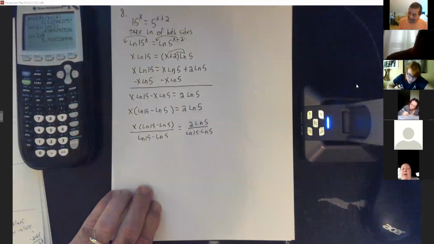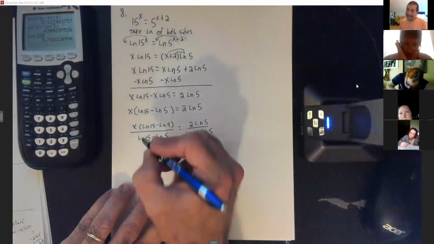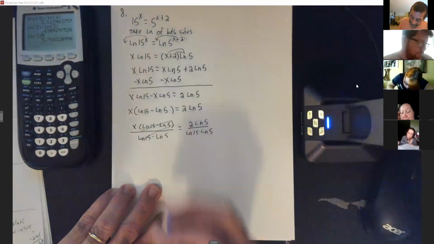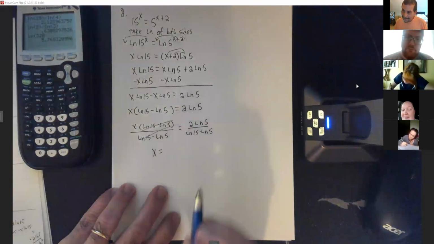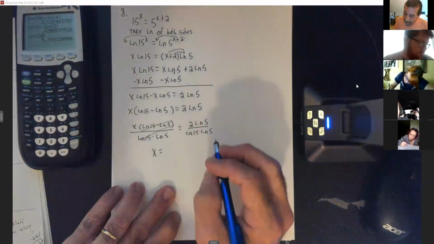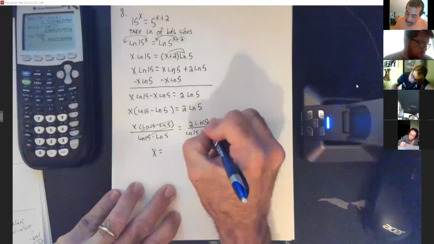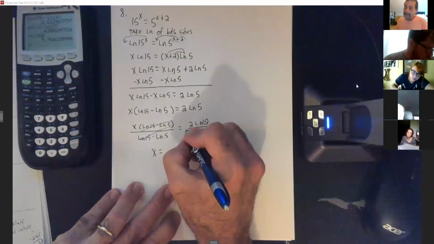All right, so on this side we're happy. That all canceled, right? So I got my x. Now y'all, when you do this side, be careful. I'm going to close those parentheses, but I'm going to use extra parentheses on the bottom because I got more than one part.